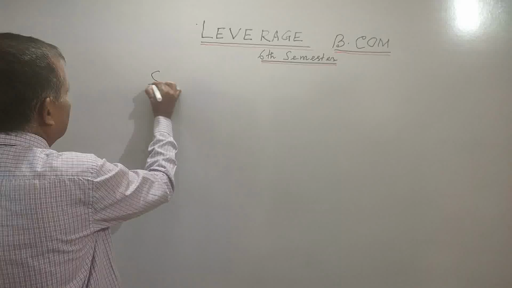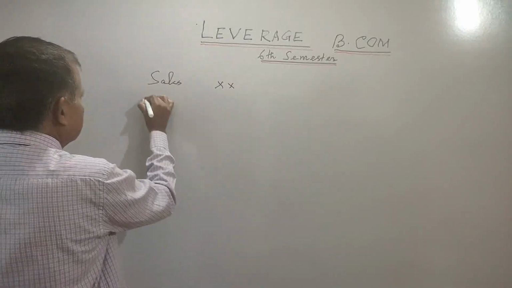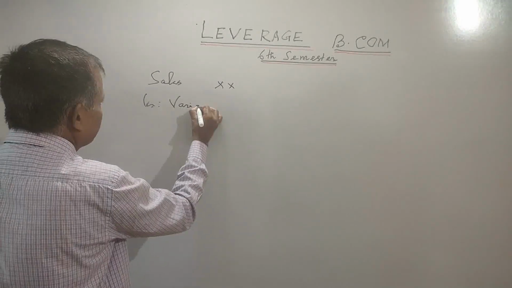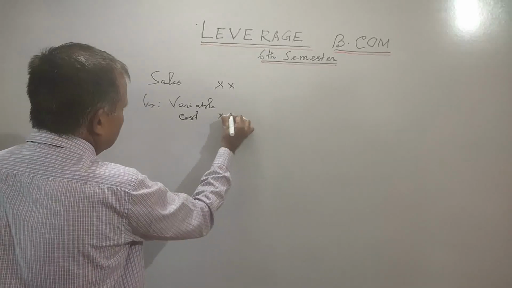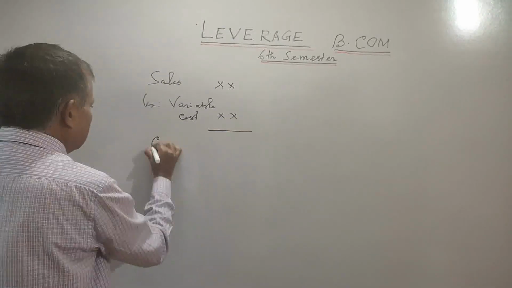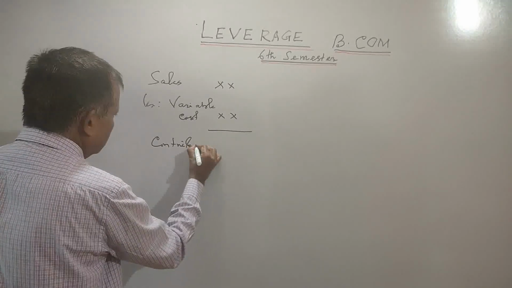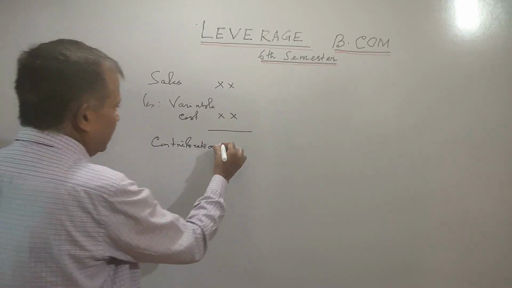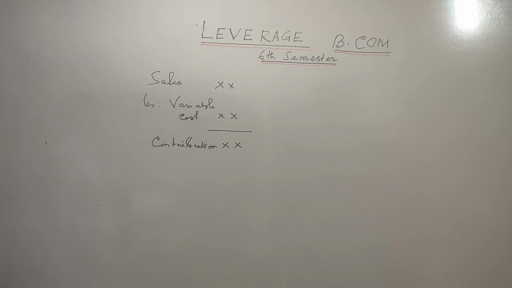And we know that sales, less the variable cost, then comes the contribution. This you have read in your marginal costing.